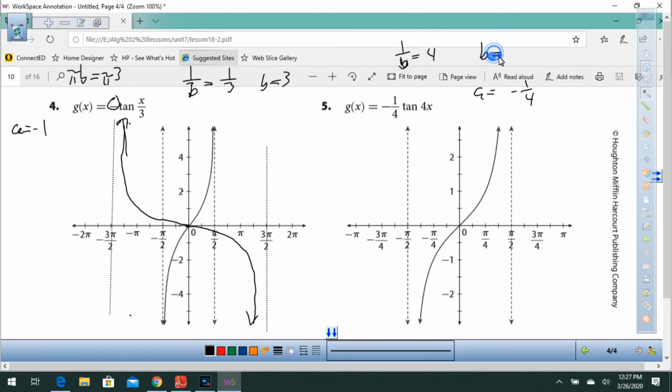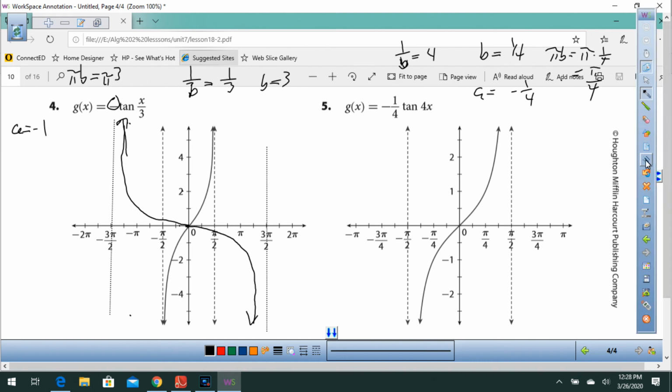So b equals 1/4. So our period is going to be pi over 4, right? Pi times b equals pi times 1/4, which equals pi over 4. So it's going to have half on this side and half on that side.